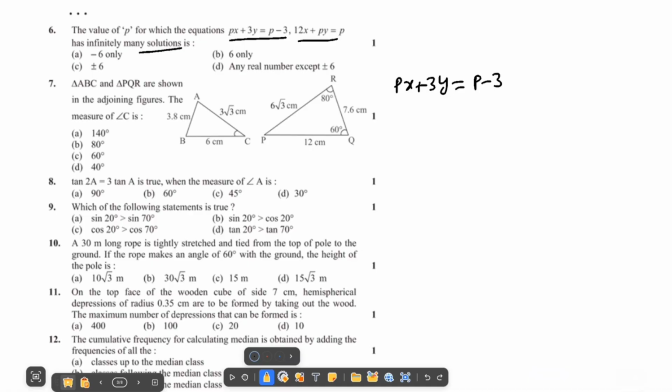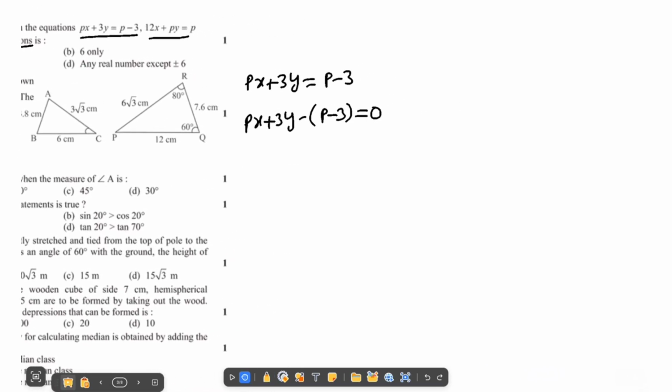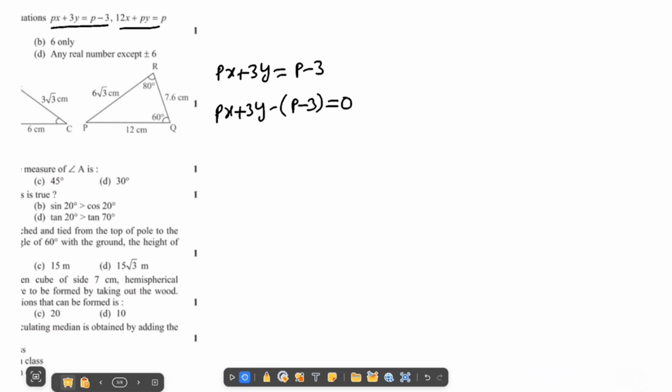If you write it in standard form, we have to bring p minus 3 to the left side. It becomes px plus 3y minus of p minus 3 is equal to 0. Let's compare this with the general first linear equation.